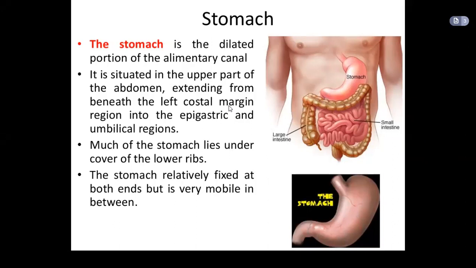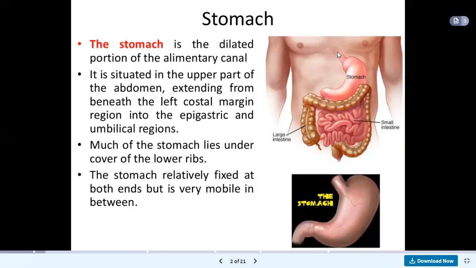So the stomach is this organ you see here. From this picture, you see this is the esophagus, and then it continues as the stomach. Then the stomach continues as the duodenum, and then you see the other parts of the small intestine, the jejunum and the ileum.